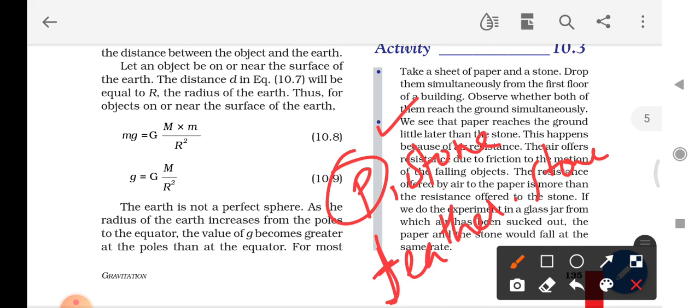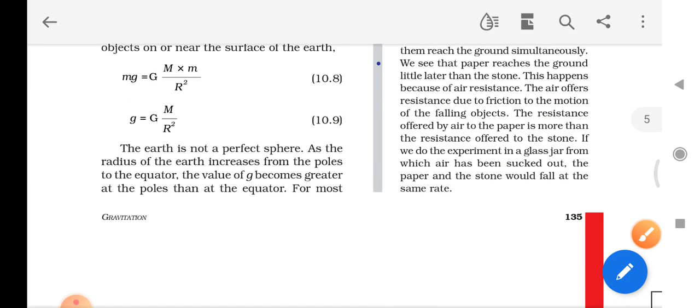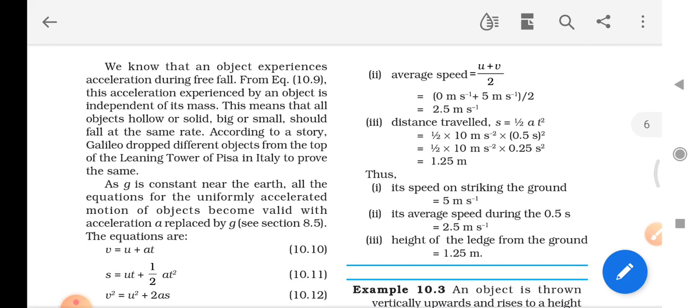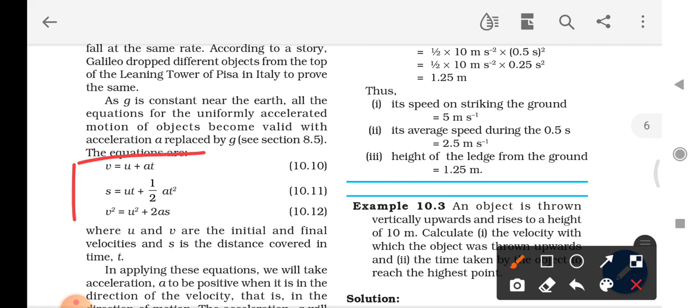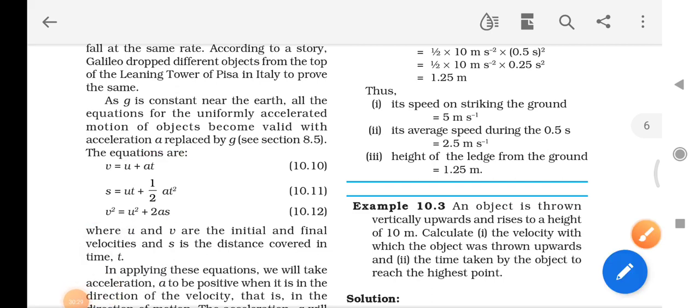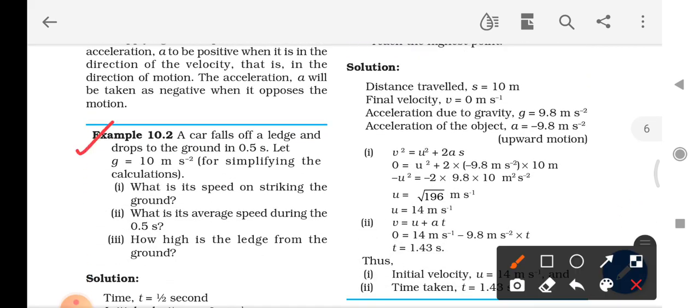But both materials reach the ground at the same rate when there is no air resistance. And these are the three equations of motion. So in the next class we will see the numericals related to the equations of motion of a free fall object.